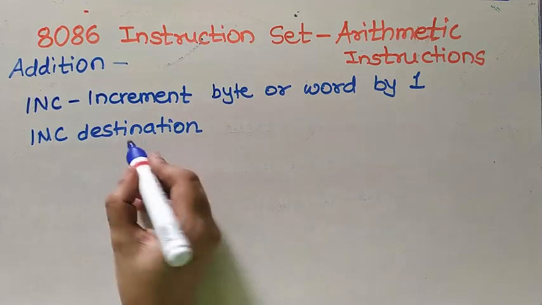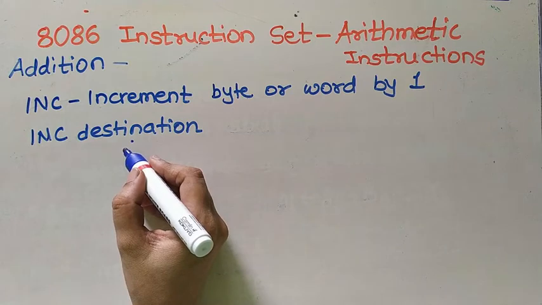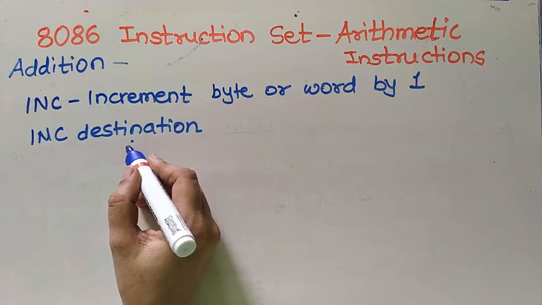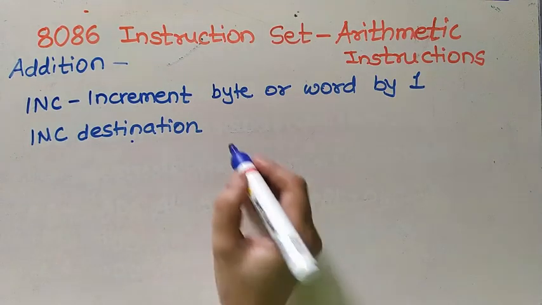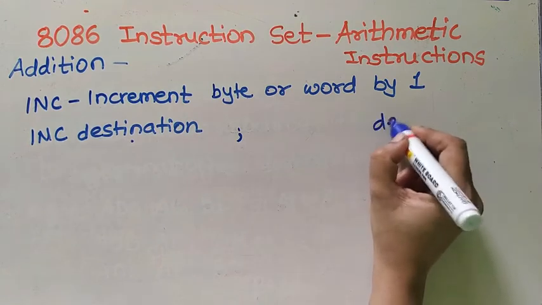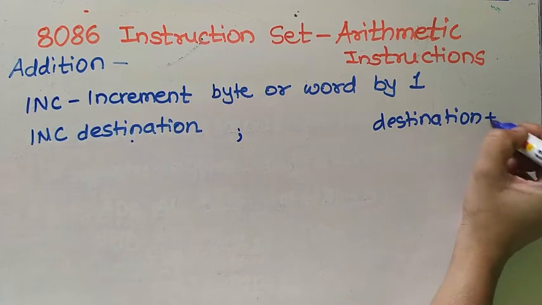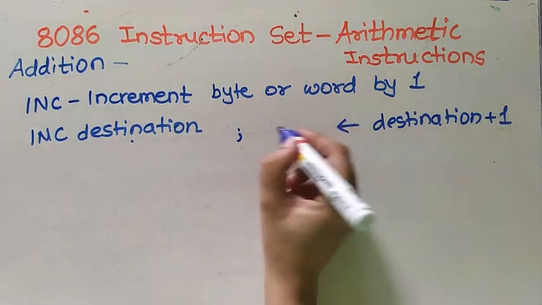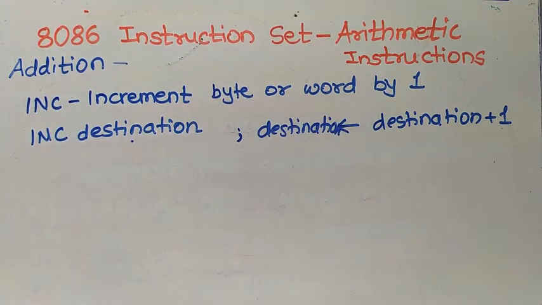The contents of destination are incremented by 1, or 1 is added to the destination content and the result is stored back into the destination. So after execution of this, in the destination 1 is added and the result is stored back into the destination. Here the operand may be byte or word.